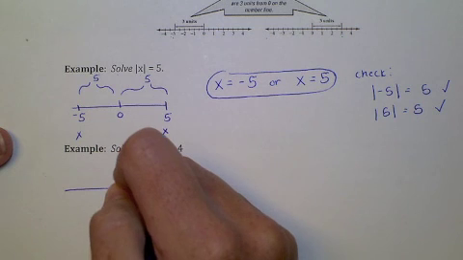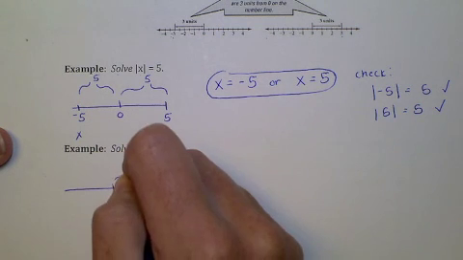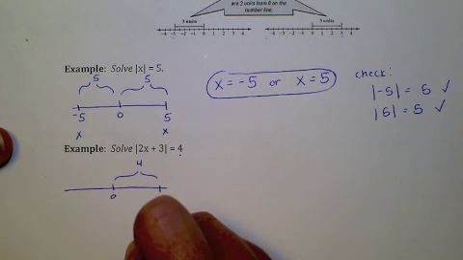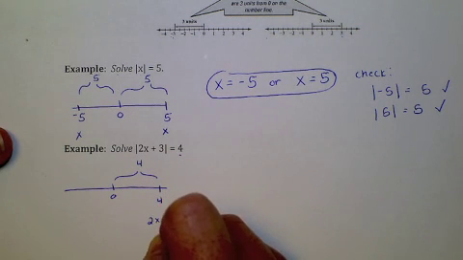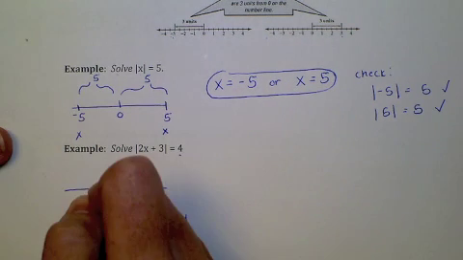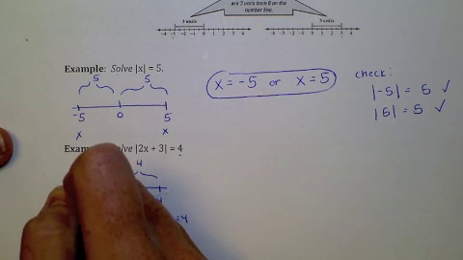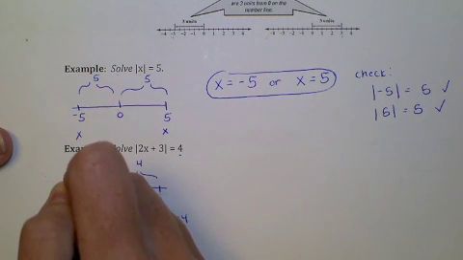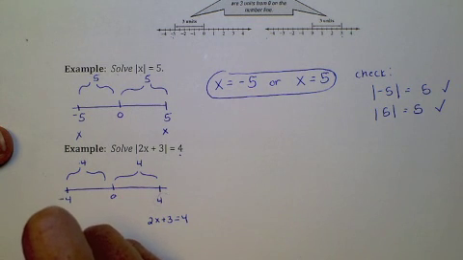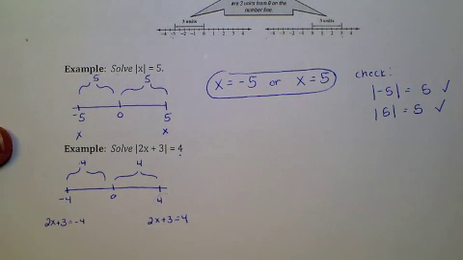We can be 4 units in this direction, so that means that 2x plus 3 could equal 4. Or it could be 4 units in this direction, which puts us at -4. So 2x plus 3 could be living at -4.